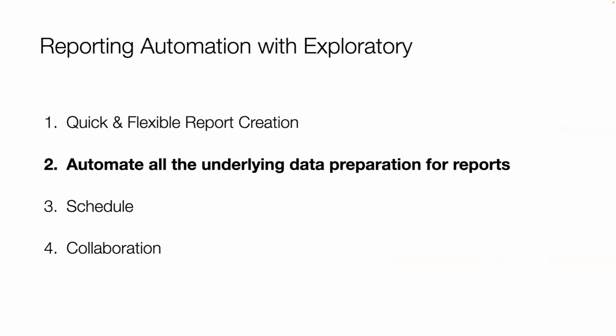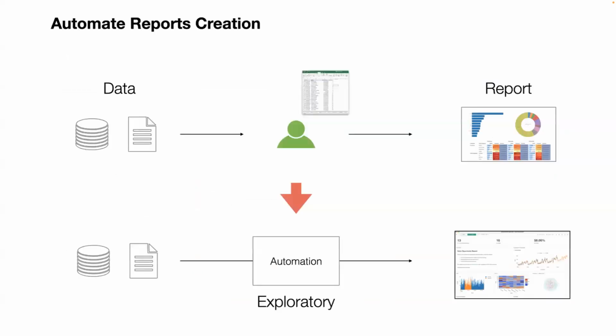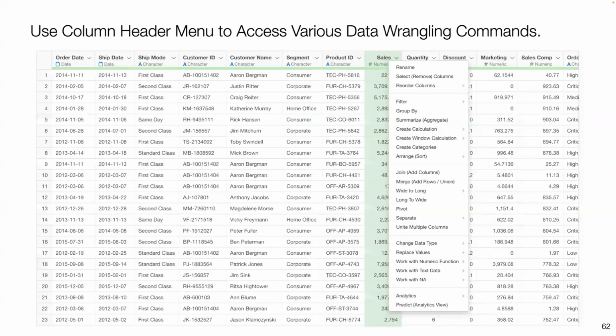Okay. And the second part is automating all the underlying data preparation. This is really the key part of the automation. So how are you going to do it? Basically in Exploratory, when you import the data, typically you want to clean up the data, transform the data, prepare the data, and so on.